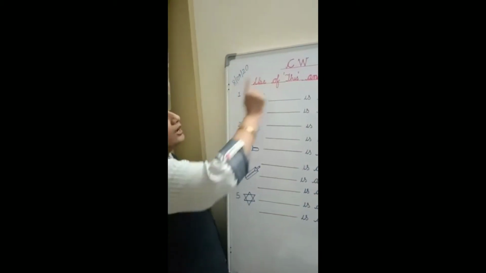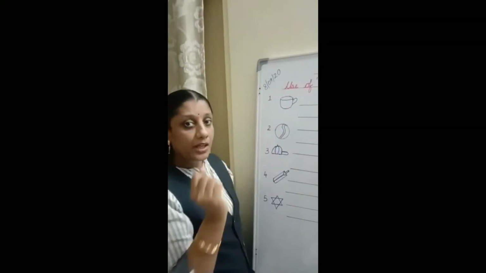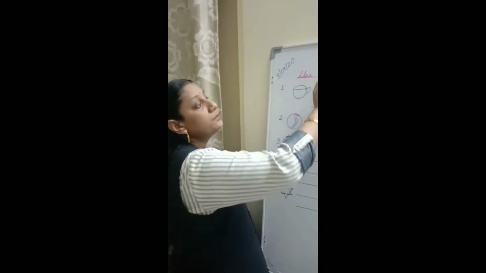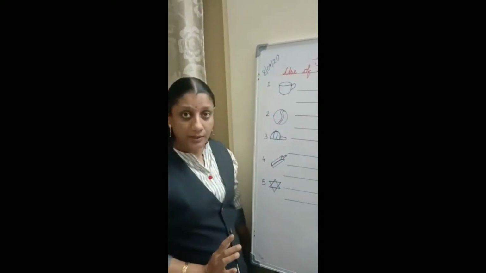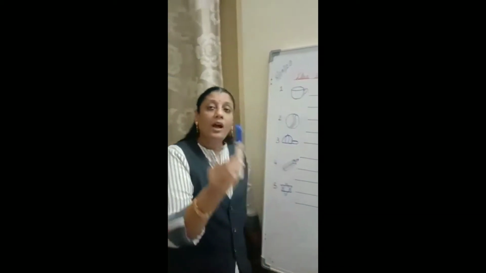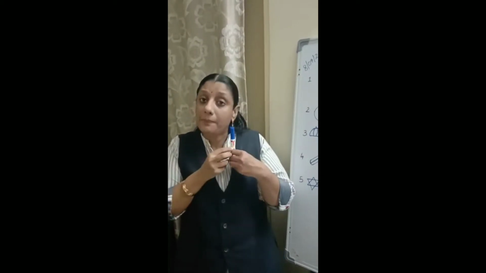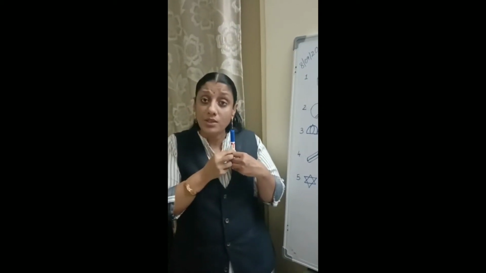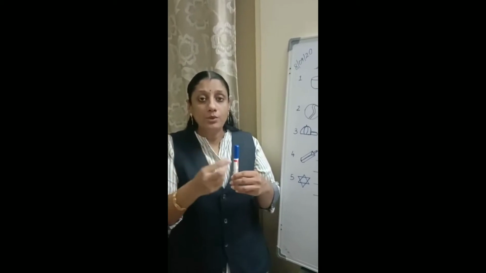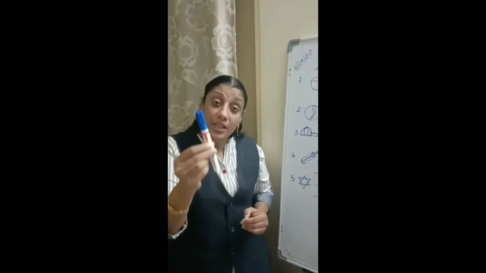Okay? So first of all, ma'am is going to make you understand the difference between this and that. Suppose a pen is near to ma'am, very close to ma'am. So in that case, what are we going to use? We are going to use this.